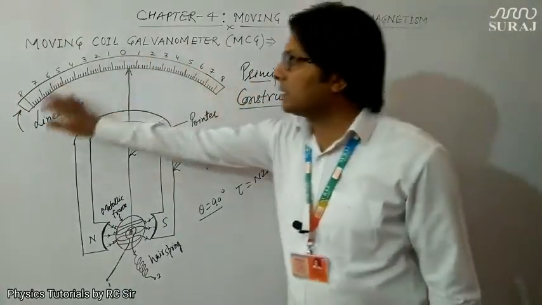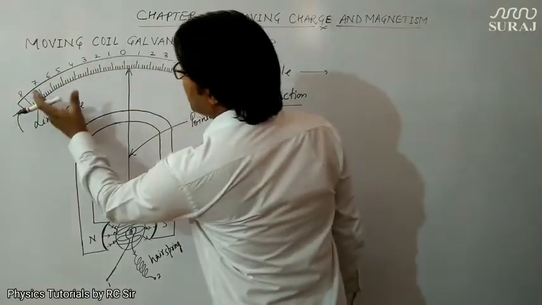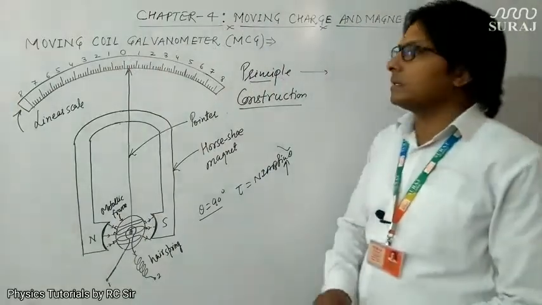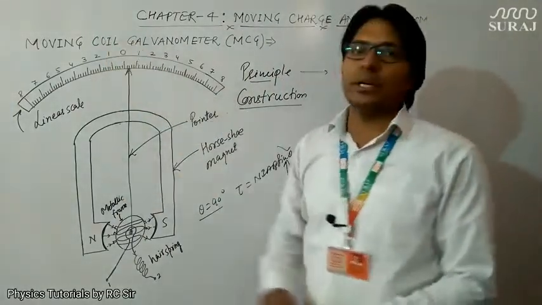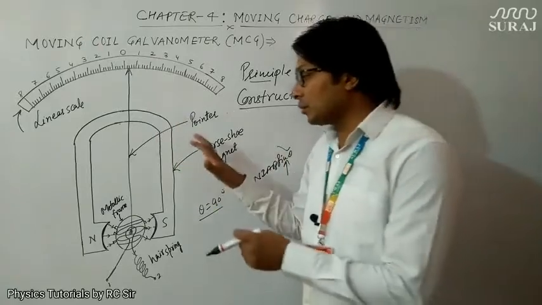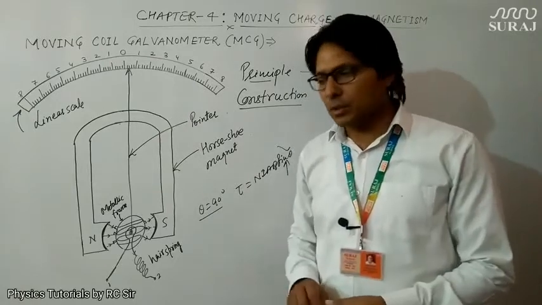So this is the linear scale on which this pointer can move from here to here, and at the center of this pointer there is 0 indicated, and the deflection in this galvanometer may be on either of the sides.